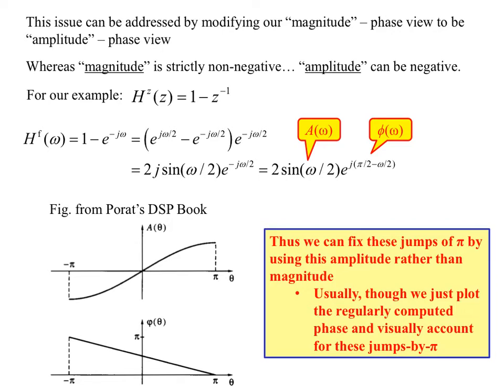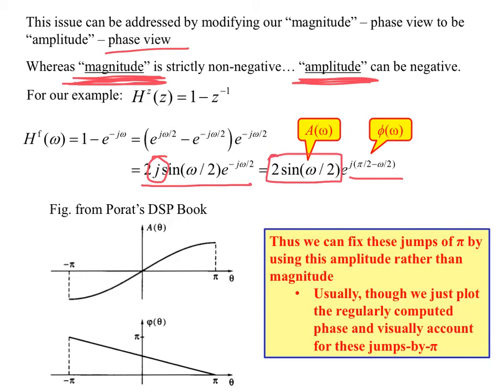So for this example, continuing on, we're going to switch from the strictly non-negative magnitude view into allowing an amplitude together with a phase view. And so if we go through similar steps, we get to this point, and now we still convert the j into polar form like we did before to keep this part real, but we don't go any farther. We just leave that and we plot that.